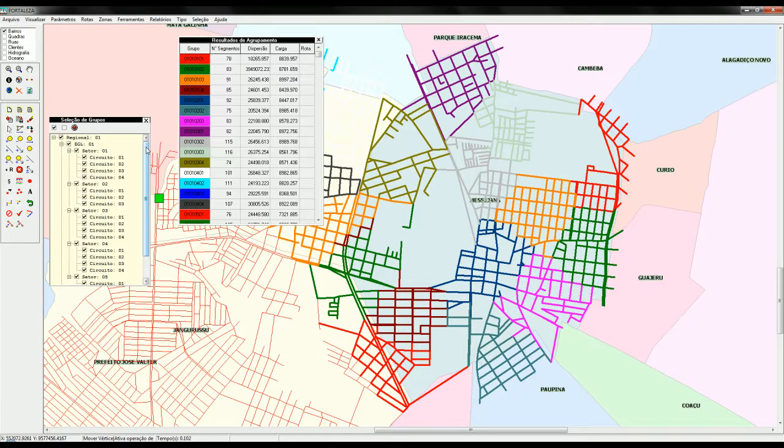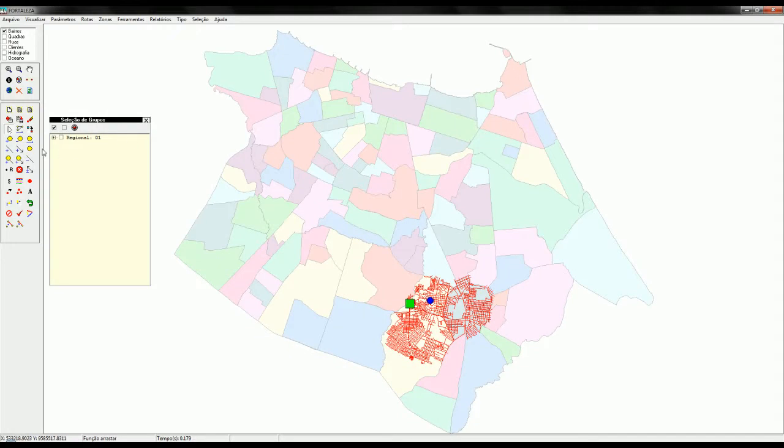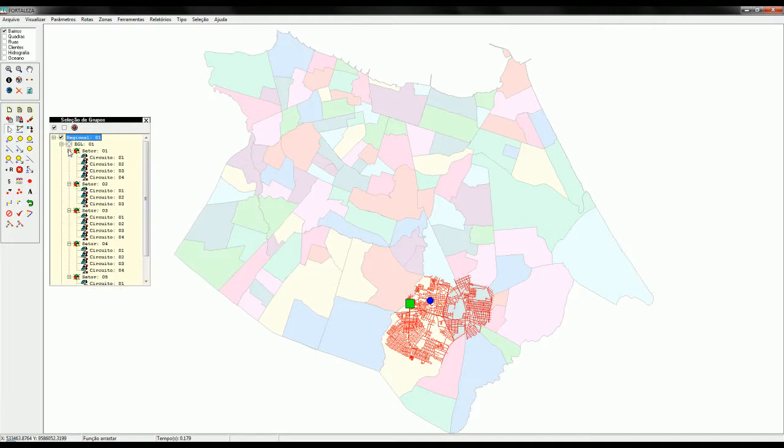Now we're going to make the same process for ZGL2. Here we have the circuits generated previously for ZGL1.